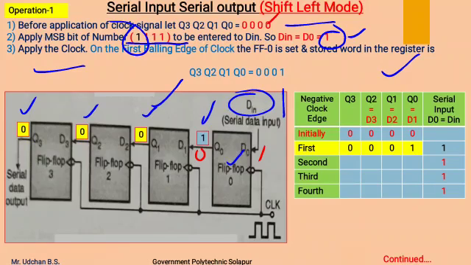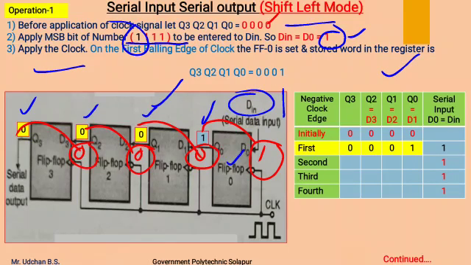Q1 is 0, which is also the D input of D2, and Q2 is also 0, which is the D3 input of this flip-flop. After applying the clock pulse, this 1 will come over here, this 0 will come at the output, this 0 will come at the output, and this 0 will come at this output. This is how the data gets shifted in the left direction bit by bit.